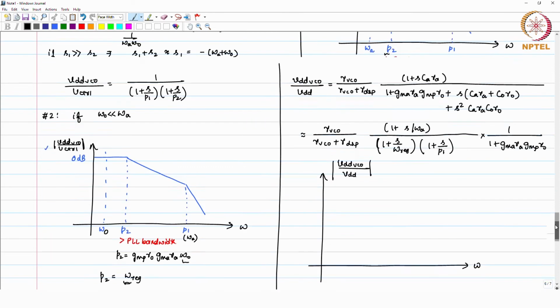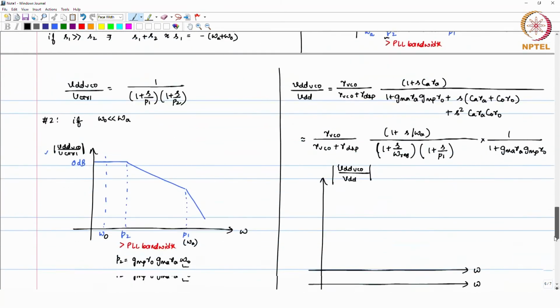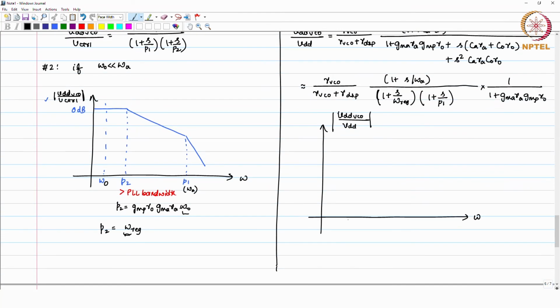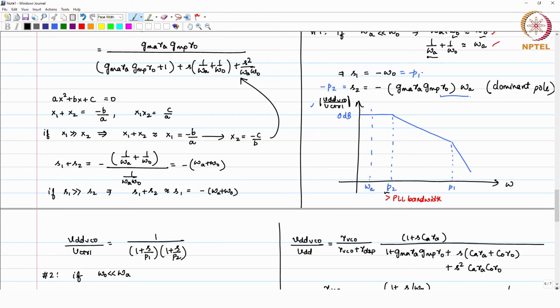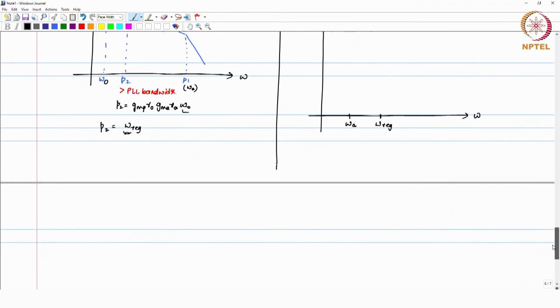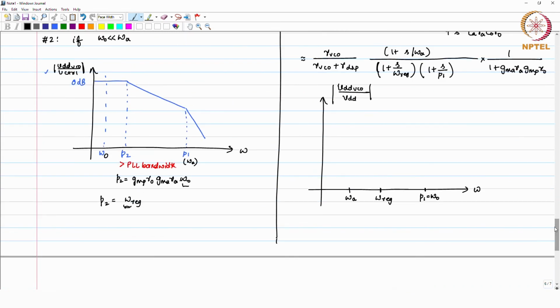So, let us choose the first case where omega A is much lesser than omega O. If omega A is much less than omega O, I will have omega A as one frequency and omega regulator is greater than omega A. And the P1 pole which we have is effectively omega O. So, omega O is coming at P1. These are the three frequencies which you have.